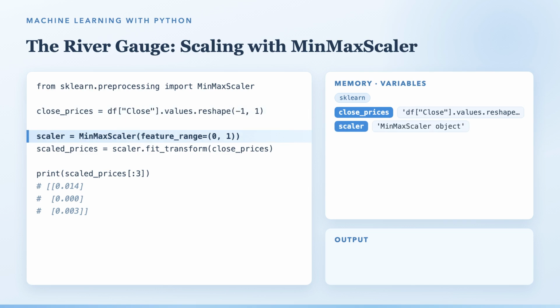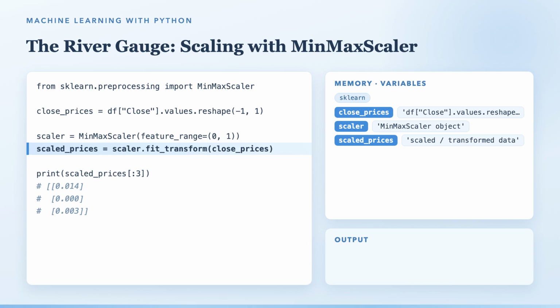Follow along with me, slowly. First, from sklearn.preprocessing, we import MinMaxScaler, then close_prices. We take df close, pull out its values, and reshape with -1, 1, turning the column into the tall, single column shape the scaler expects. Next, we create the scaler, MinMaxScaler with feature_range 0 to 1, then the gentle magic: scaled_prices equals scaler.fit_transform of close_prices.